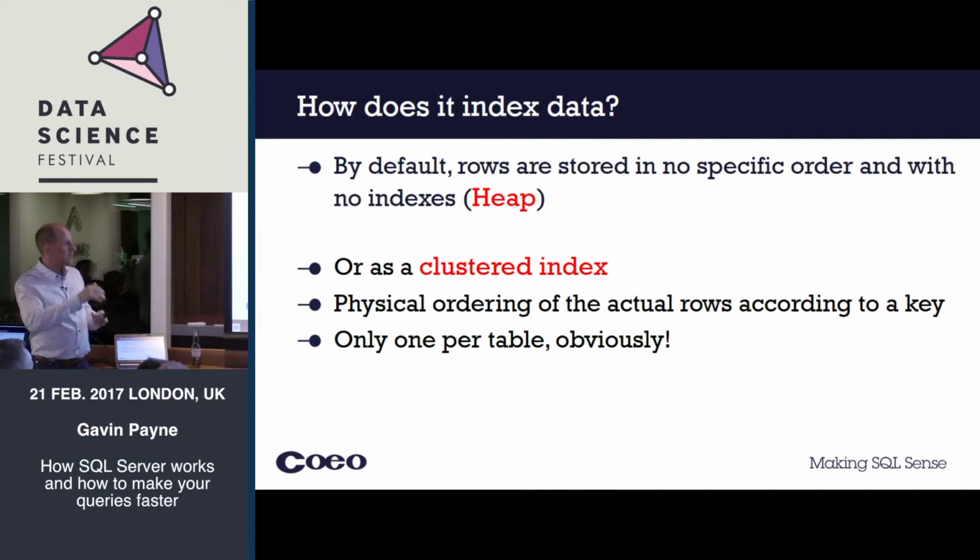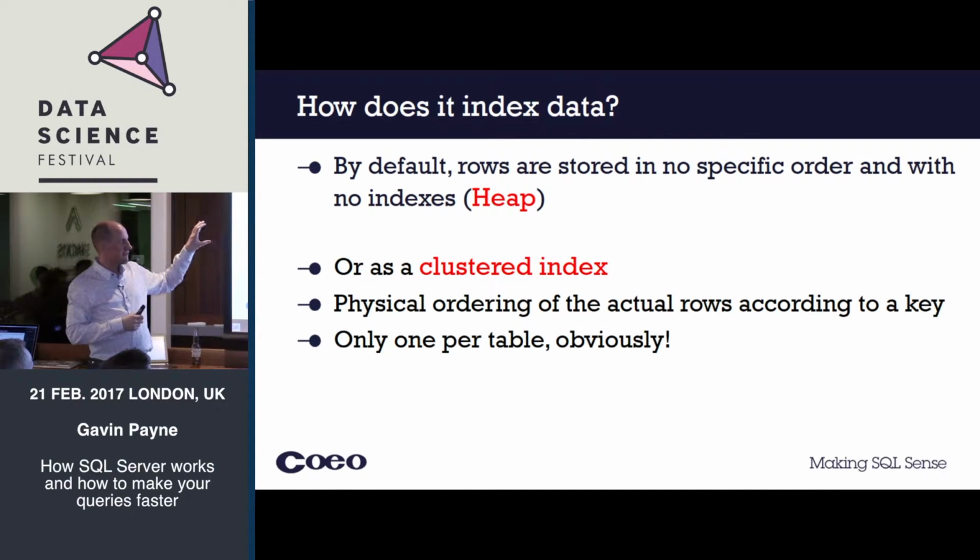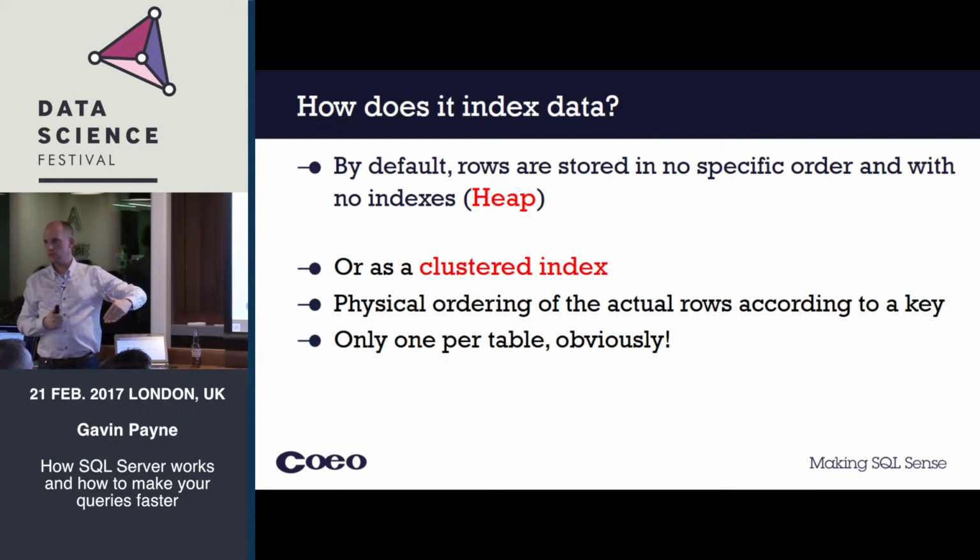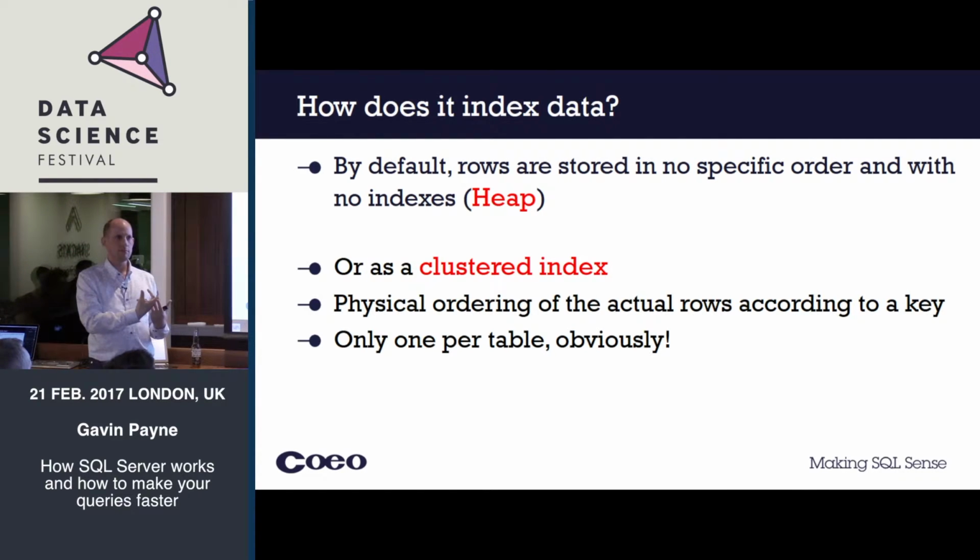The alternative to a heap is something called a clustered index. That essentially is a physical ordering of all of the rows in a table according to a specific key. So if my key value is an integer, it will store all the rows in the table in ascending numerical order. That makes it great for SQL Server when it needs to physically find a row based on its value, because it now has a combination of a human-readable value that's going to be in a query and a physical location in the table to make finding data more optimal.